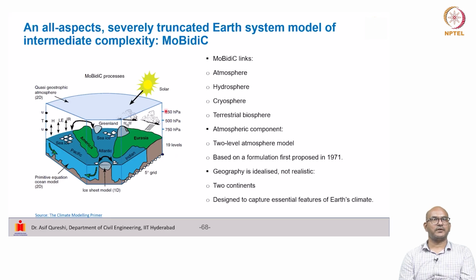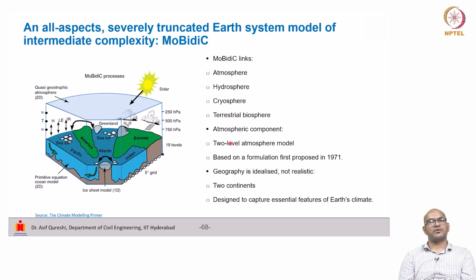There are 19 levels here, and we have an ocean model, ice sheet model, and an atmosphere model. This is the MoBidiC model. As we can see, the model links atmosphere, hydrosphere, then cryosphere, and the terrestrial biosphere.